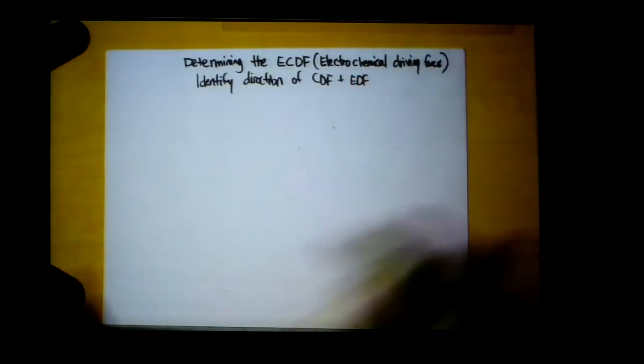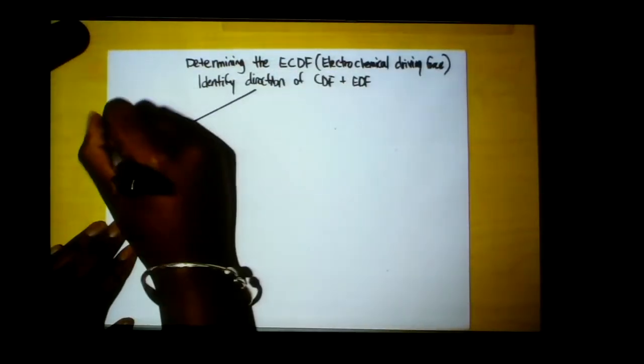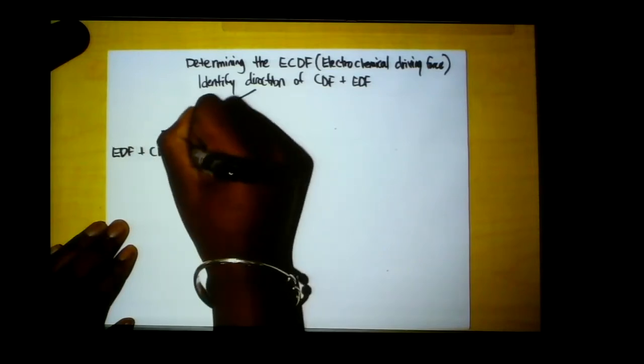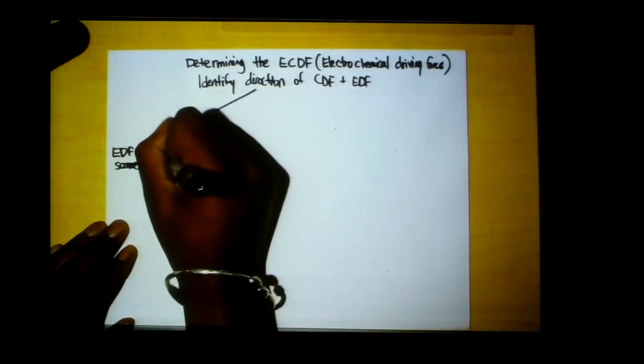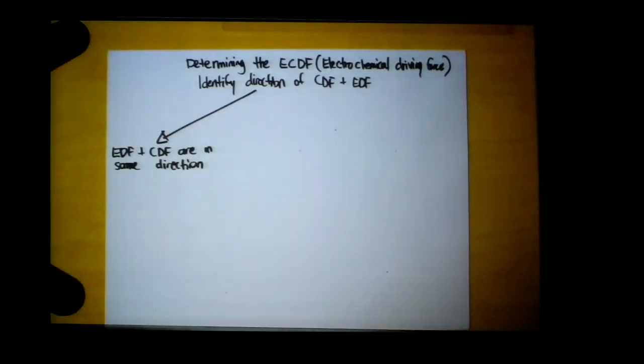And so we have several different scenarios here. We talked about the first one, which is pretty straightforward, and that was if the electrical driving force and the chemical driving force are in the same direction. They're acting in the same direction. That particle is naturally going to move in the direction of both those forces.